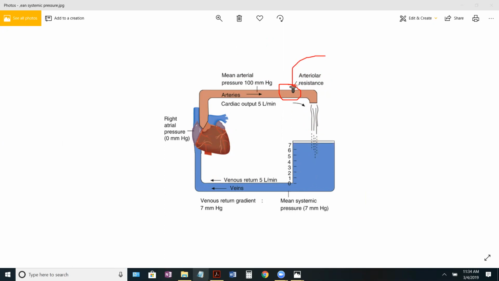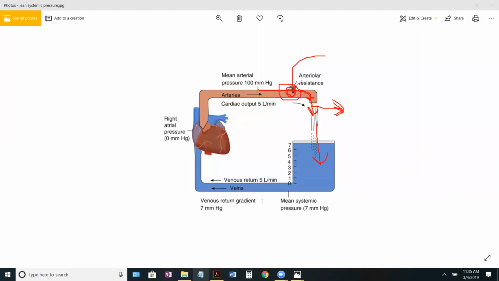It would be low. Why? Because the blood has already faced so much difficulty passing through this resistance area, and that very low blood pressure in the capillary system is very important so that the tissues can extract oxygen and other metabolites and dump their waste materials into the capillaries before the blood enters the veins.